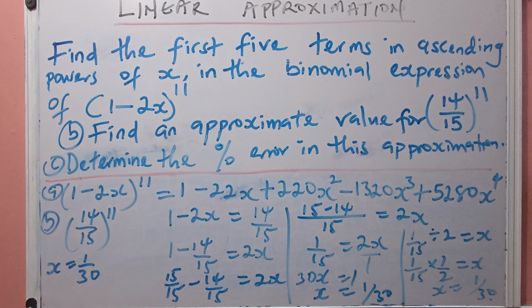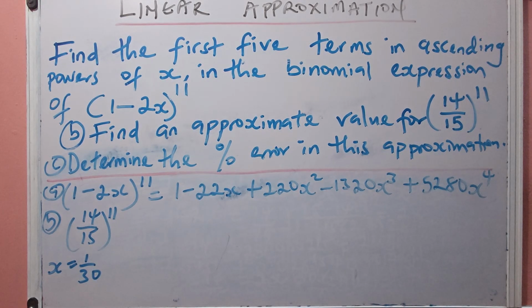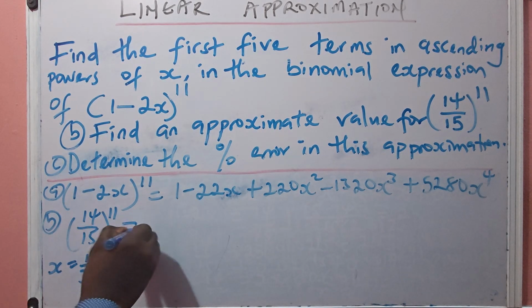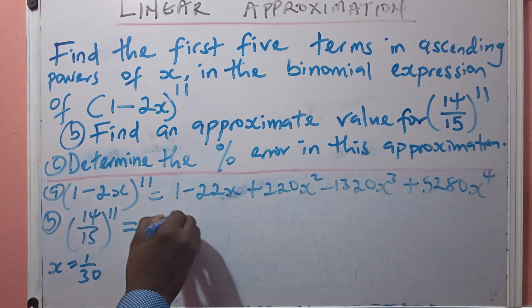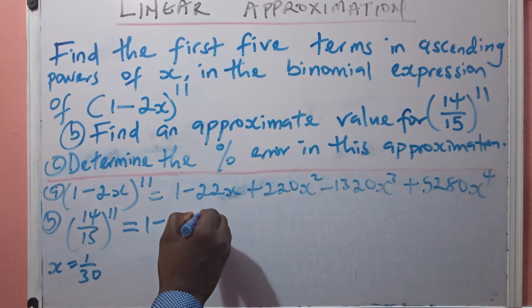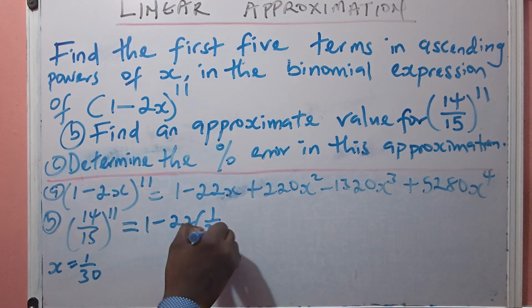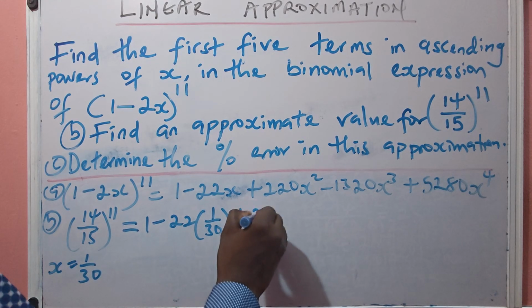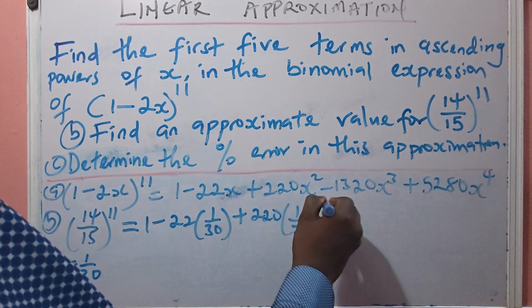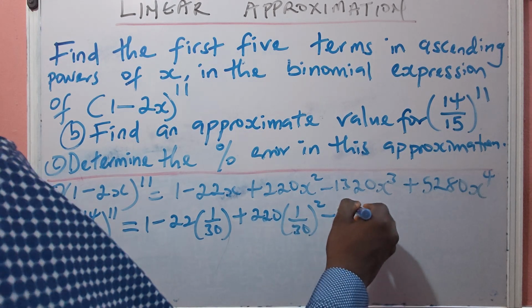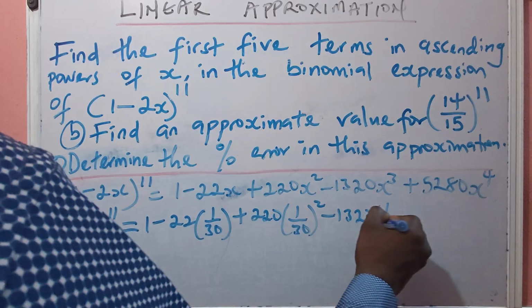All right. So what we have right here is 14 over 15 raised to power 11 will be equal to 1 minus 22, we have 1 over 30, we have 220, we have 1 over 30. So you just go on to fix in your value of x as 1 over 30.